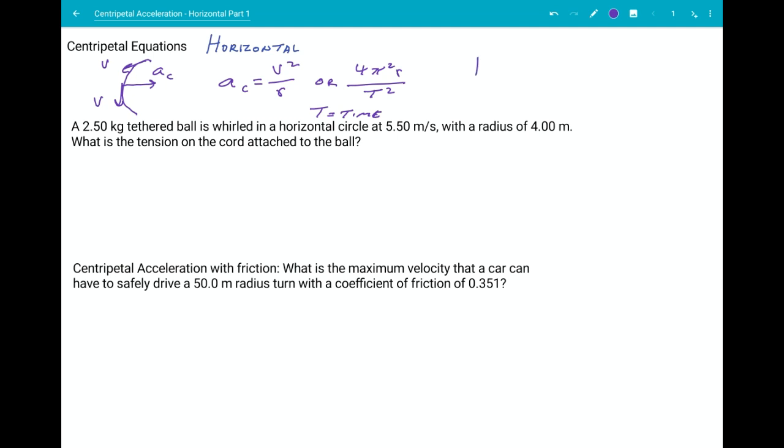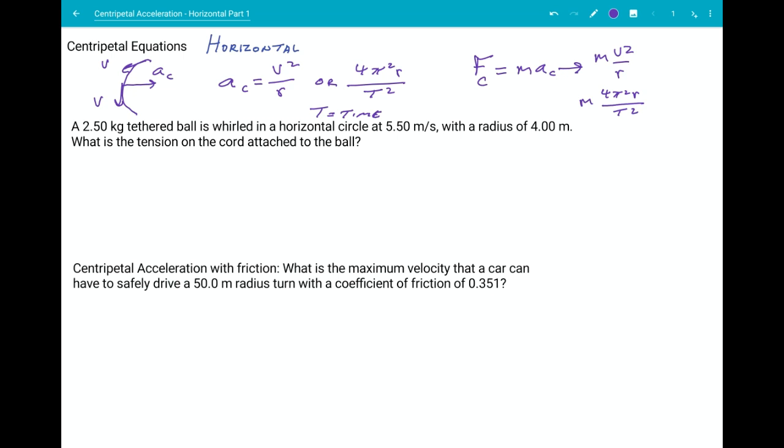Well, the force is straightforward. Centripetal force is just mass times a_c. And just like in your other force calculations, it'll be just mass times velocity squared over r, or mass times 4 pi squared r over T squared. Super straightforward.